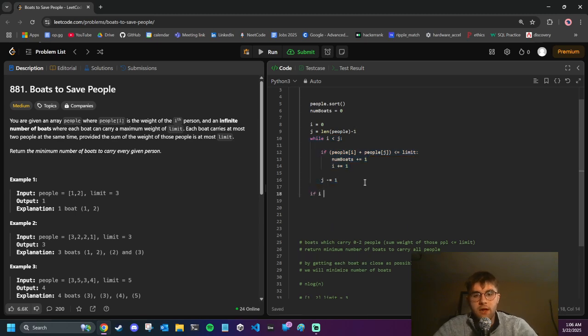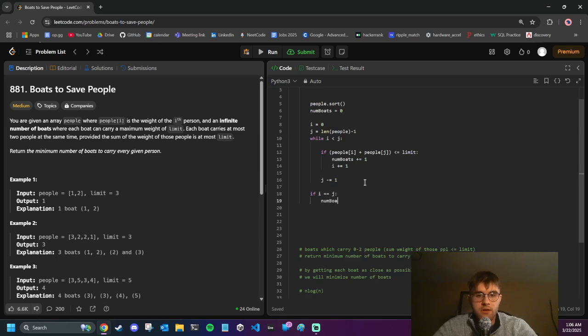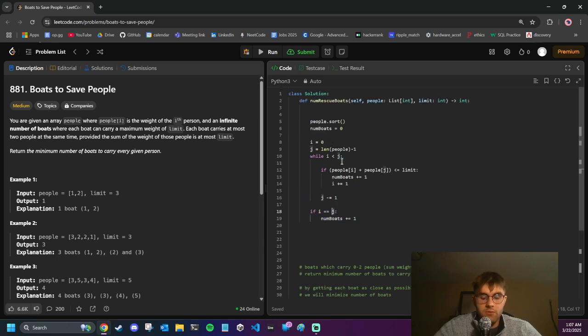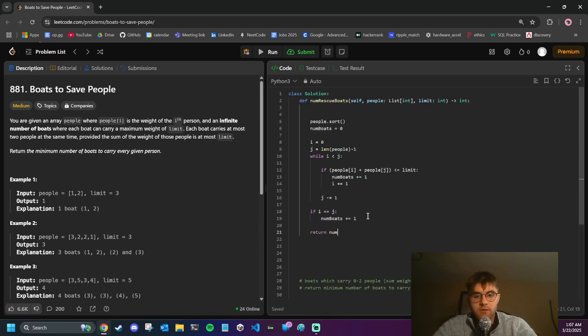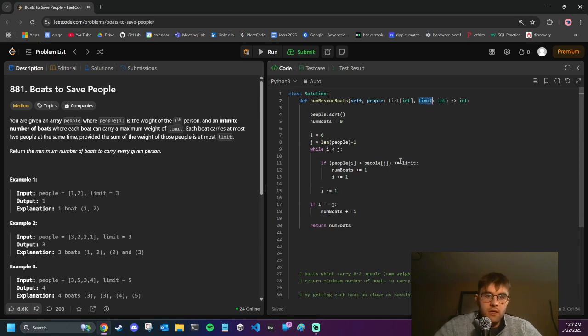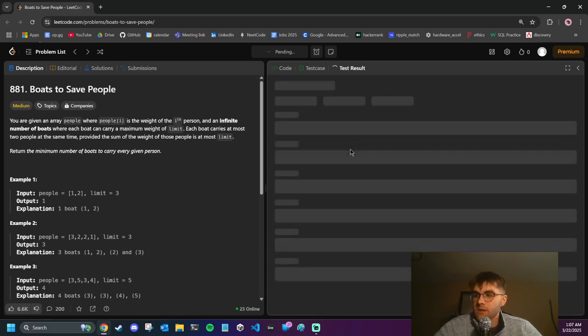And then if i equals j, we'll just say num boats plus equals 1 after we exit the while loop. If they're not equal, then we don't add an extra boat, and then we can return num boats like so. We need a limit. Yeah, I use it here. j will always go down no matter what. Okay, let's try running it and see if it works for the test cases.